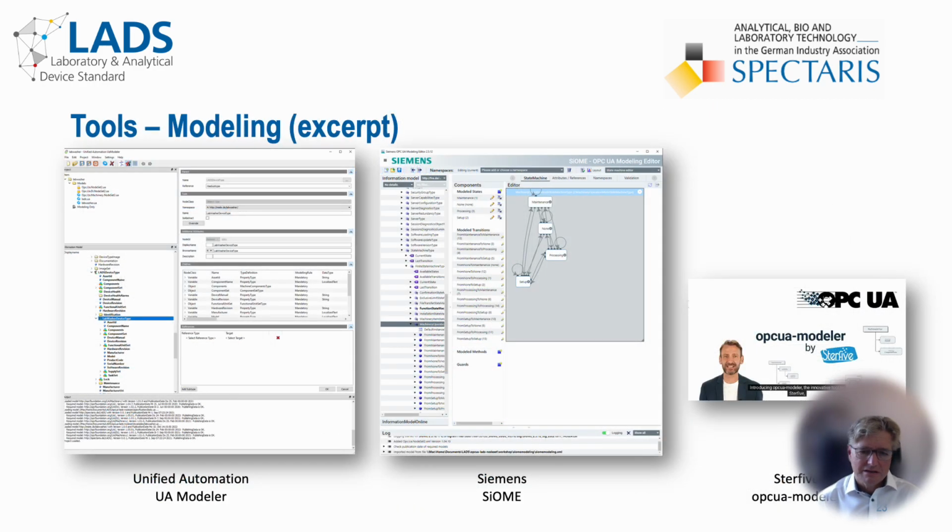Since we are already discussing tools and tech stacks, let me provide a short overview. Please note that this overview is not exhaustive, so I encourage you to do further research. Here are some OPC UA modeling tools. First, the UA Modeler by Unified Automation, which offers code generation for their different tech stacks.